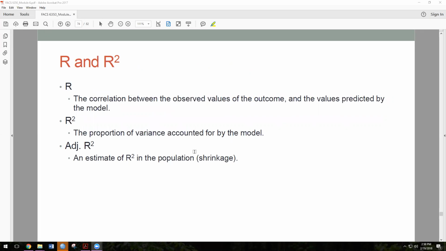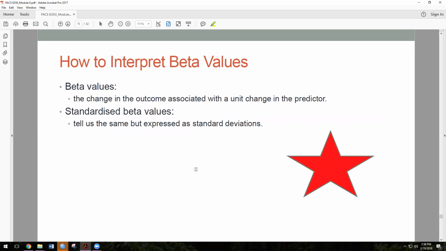So my R is my Pearson's correlation coefficient. My R squared is my Pearson's correlation coefficient squared, and that tells me the variance accounted for by the model. And then my adjusted R squared tells me the population estimate, or the shrinkage, and what it would look like if I was to generalize my values.